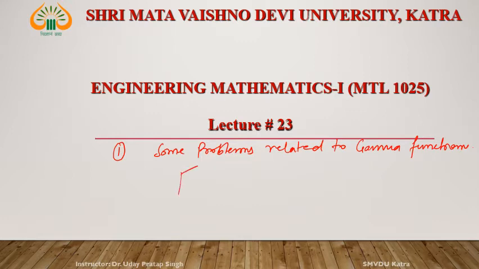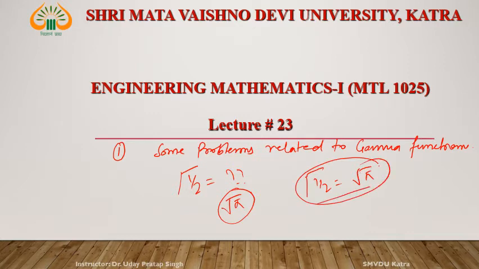For example, first we evaluate what is the gamma of 1 by 2. In the previous lecture, we already used that gamma of 1 by 2 is square root of pi. How? Gamma of 1 by 2 is equal to square root of pi. So start from here, and later on we will see some more examples related to the gamma function.